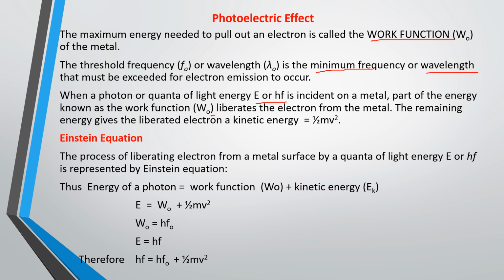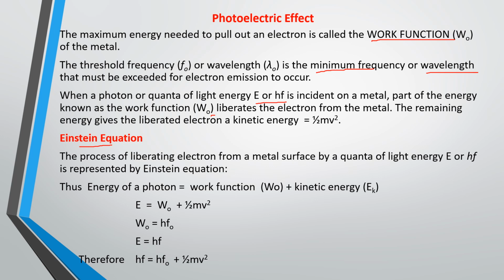The total energy is equal to the sum of the energy required to liberate the electron and the kinetic energy of the ejected electron. And this leads us to the Einstein equation.